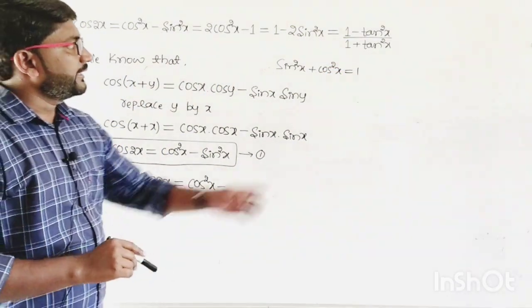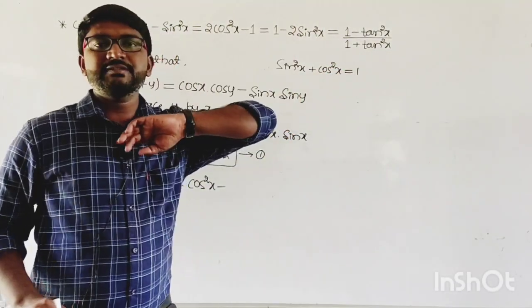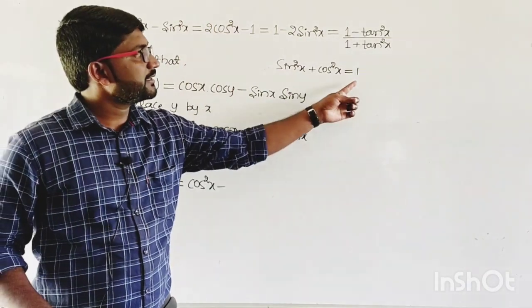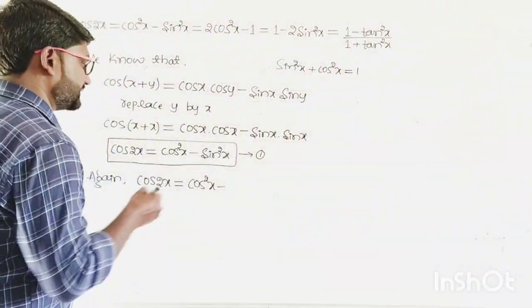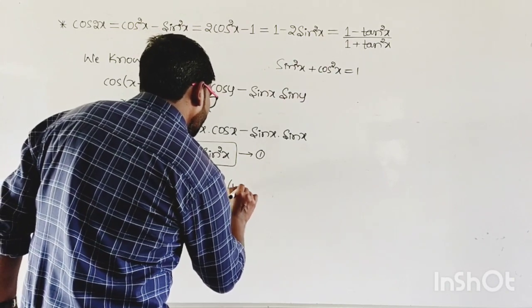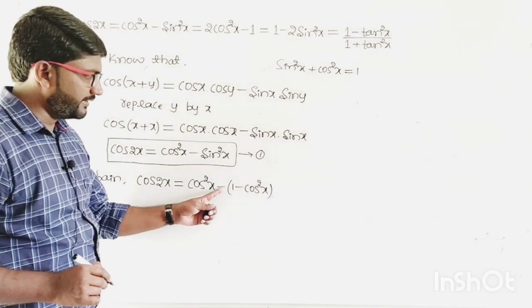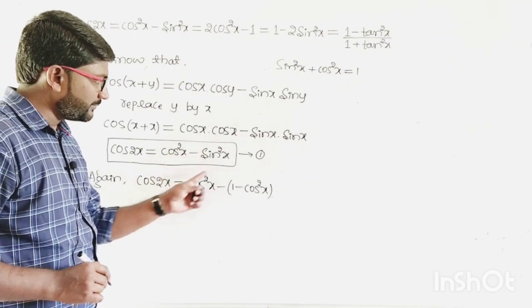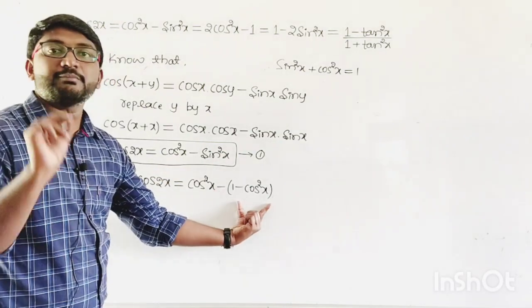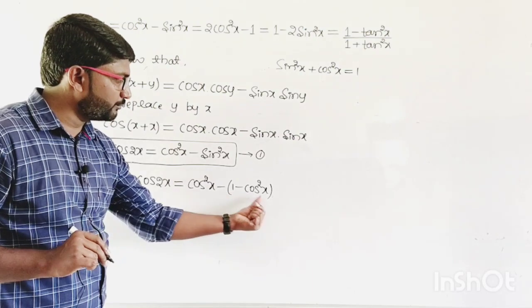So now take this cos square x to the RHS, it becomes minus cos square x. Overall it becomes 1 minus cos square x. So here 1 minus cos square x. So here we have the minus sign. That is why I am writing in brackets, because minus will be related to both the terms.